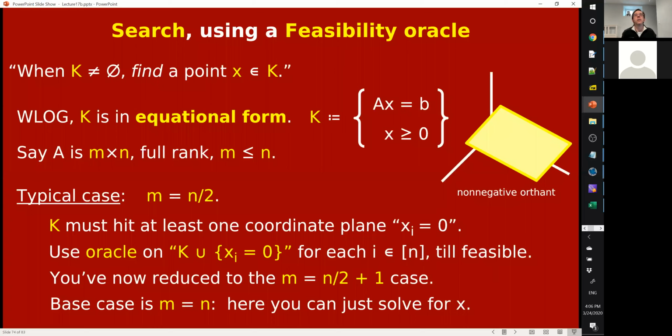Yeah, you can probably make it 2 to the n. You can fix a variable, or you can just consider all subsets of xi equals 0s to throw in to get m up to n. So you can consider all n choose n minus m coordinates to potentially be these xi equals 0 coordinates. So yeah, good question. You could get this down to only 2 to the n.